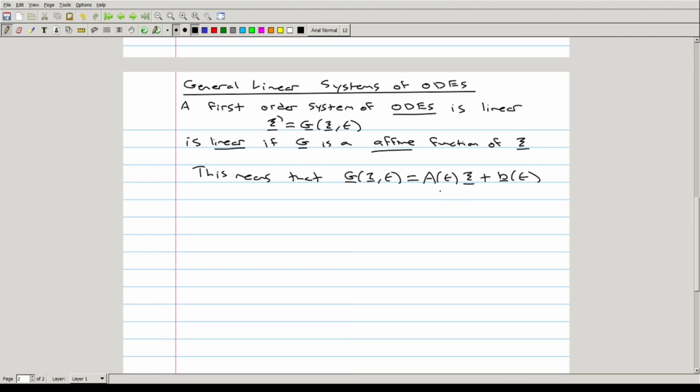So A of t is a matrix of functions, and b of t is a vector of functions, so it's a vector valued function. And the differential equation will look like xi prime is equal to this matrix A of t multiplied by xi plus b of t.